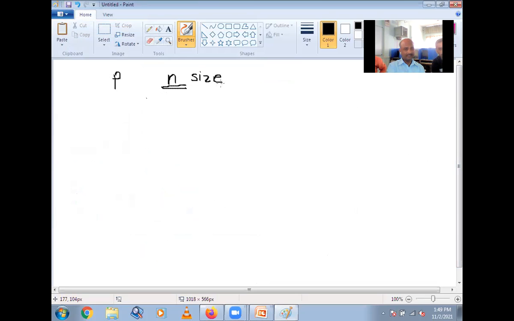If n is small, then solve this problem directly. So the time complexity of this problem, T of n, is equal to G of n if n is small.